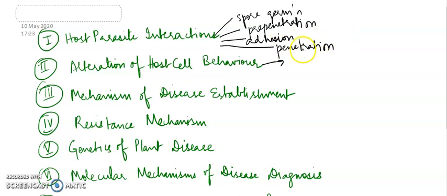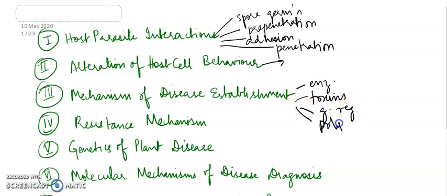So we have production of enzymes, production of phytotoxins, and growth regulators. So toxins, enzymes, growth regulators are going to be produced by the organism, and the organism also produces some polysaccharides. All of these are going to alter the host cell behavior or establish the disease. So we will be studying these components which are produced by the pathogen.